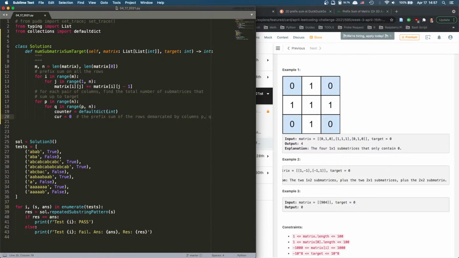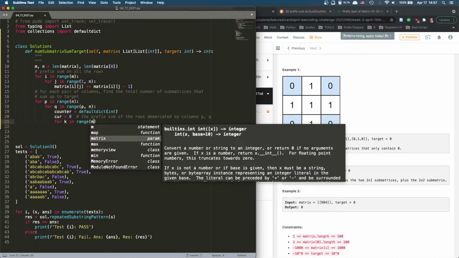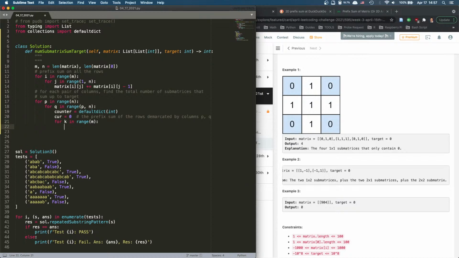So this prefix sum, right? Now we're gonna do for K in range M. So we're gonna go row by row, right? So the first row, we didn't know the row value, right?